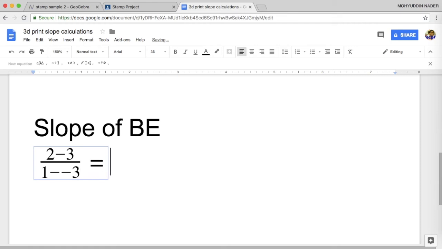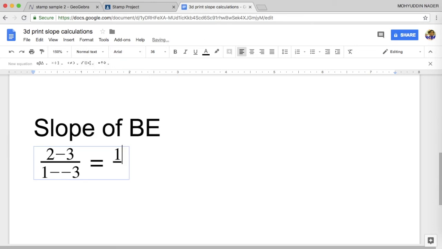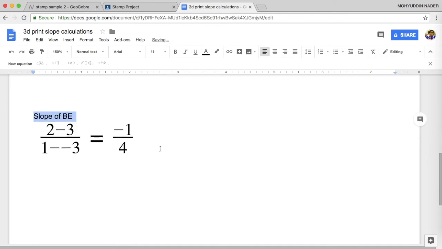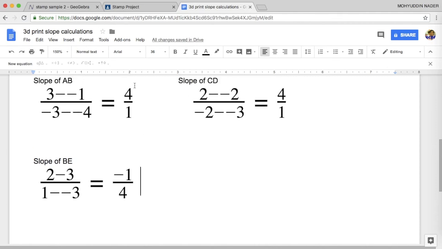Simplifying this, 2 minus 3 is negative 1, and 1 take away negative 3 is 1 plus 3, which is 4. So the slope of BE is negative 1/4. And if I compare that to the slope of AB, which is positive 4 over positive 1, I'll notice that these two slopes are opposite reciprocals, and as such, these lines are indeed perpendicular to each other. So I have numerical evidence to justify that my lines are perpendicular.